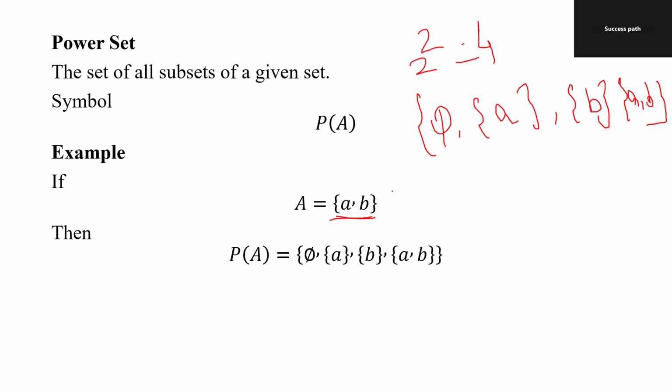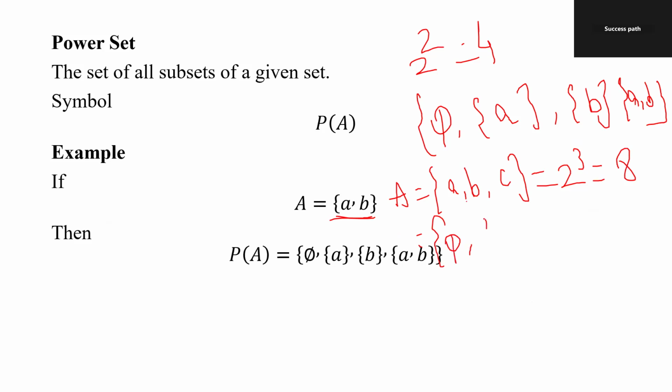For example, I am writing A equal to A comma B comma C. So what is the answer? Normally we count the total elements. This is 3. So 2 power 3 is equal to 8 elements. So now we can see here: the blank empty set, A, B, C, but we have to write braces.